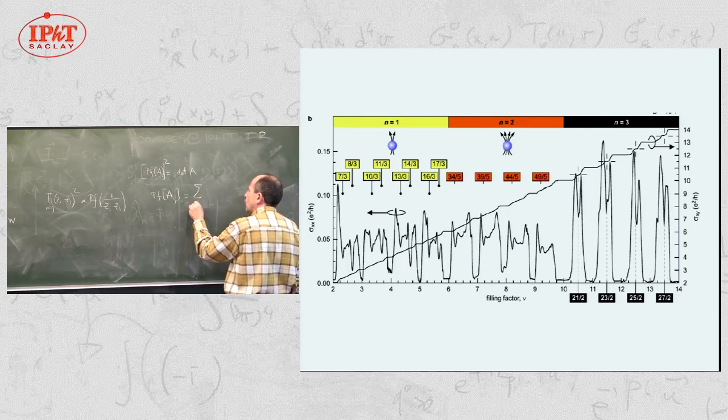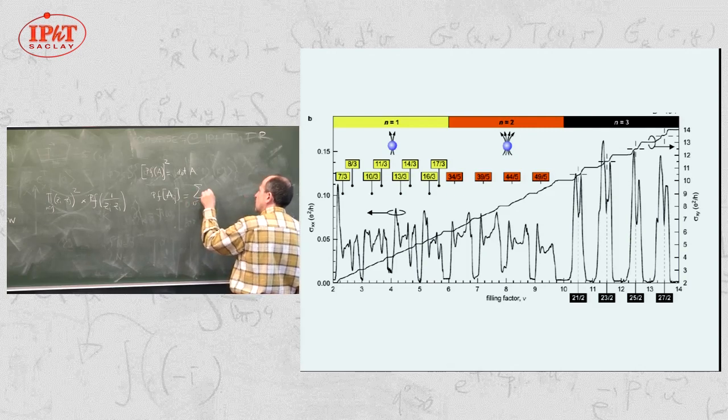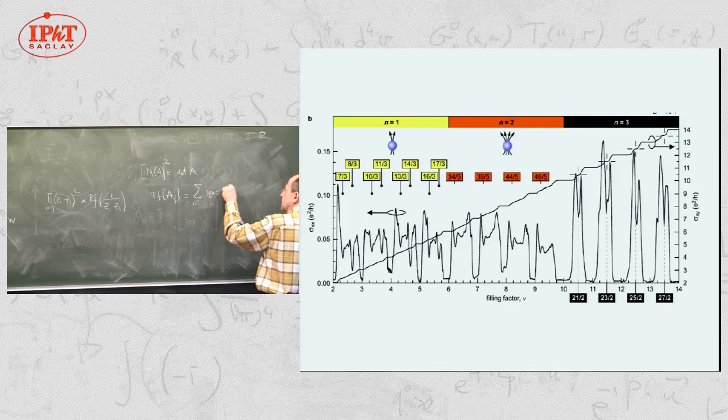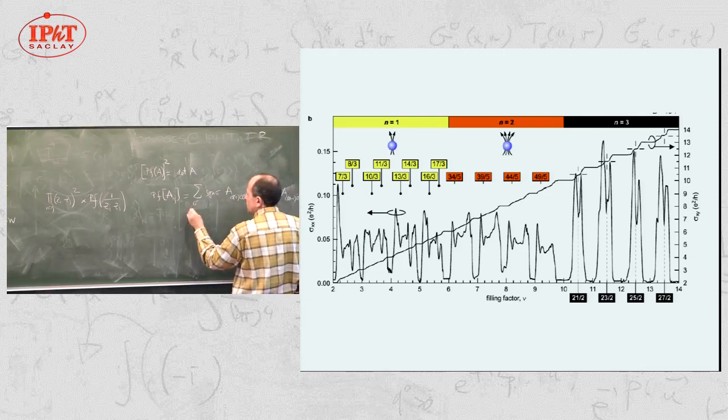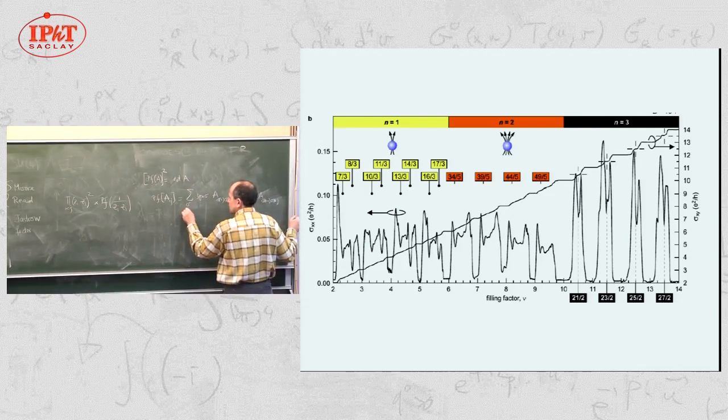It's the sum over all permutations of the sign of the permutation, and then I make A sigma of 1, sigma of 2, A sigma of 3, sigma of 4, up to A sigma of n minus 1, sigma of n, where sigma is a permutation of n objects.